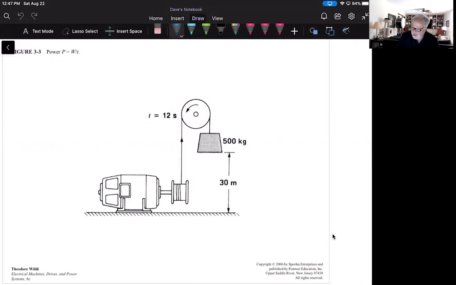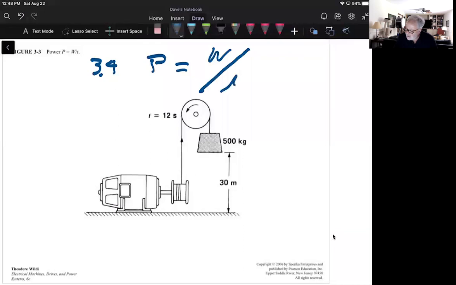So to begin doing that, let's write down equation 3.4. Power is work. Work is in joules. And as you can see in your textbook, and of course it doesn't come off very well in my drawings here, this is a cursive italic W that is the symbol for work.